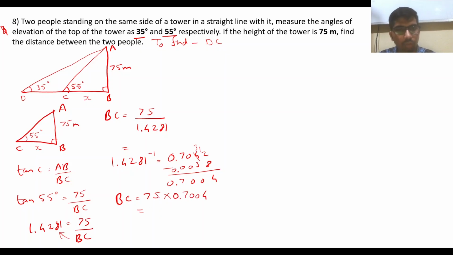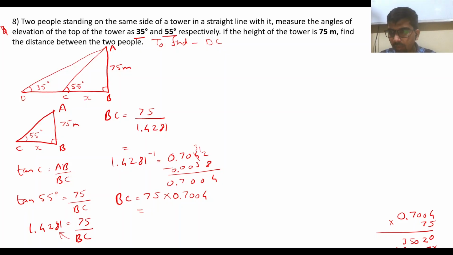Over here there are no zeros, so we can apply the trick. 0.7004 into 75. 5 4s are 20, carry 2, 500 plus 2 as it is 502. 7 5s are 35, 7 4s are 28, carry 2, 0 plus 2, 0. 7 7s are 49, carry 4.